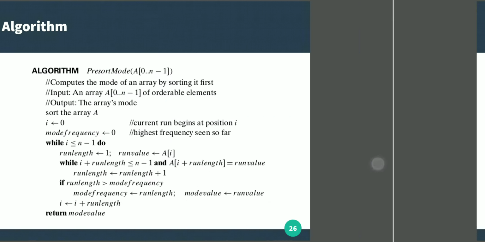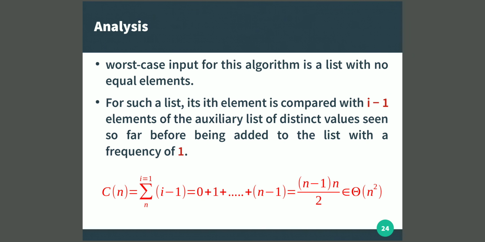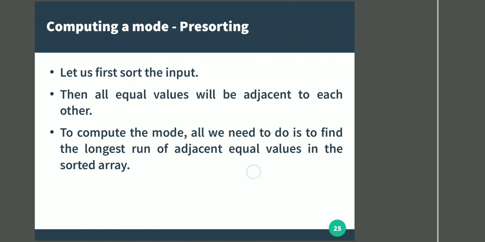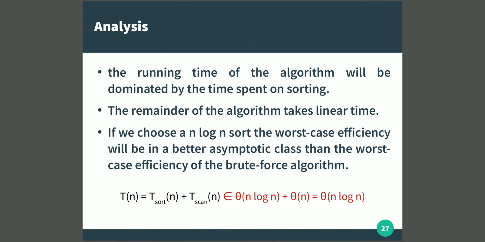Remember, in the brute force version, we found out that the time complexity is n square, which is quadratic. But by using pre-sorting, if we had used the merge sort algorithm during the sorting phase, then the time complexity of sorting is n log n, the scan part is n, and therefore the overall efficiency is the efficiency of the least efficient part.